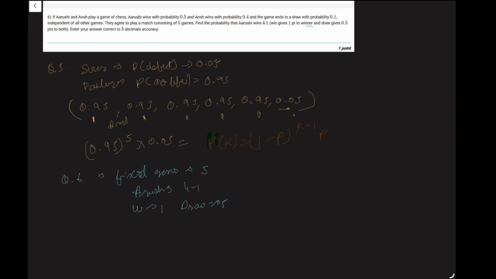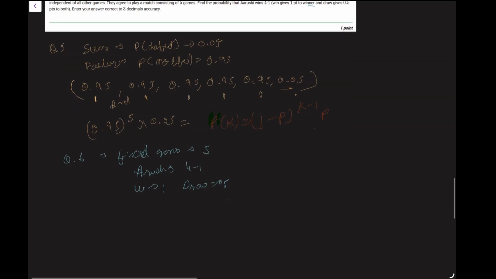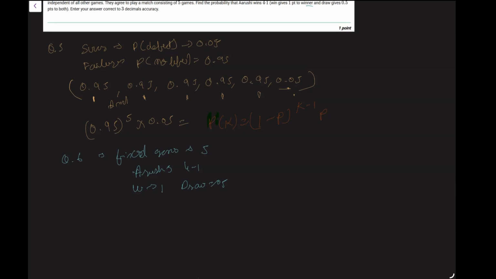How can Arushi get 4 points in 5 games and Ansh get 1 point? So Arushi needs to win 4 games. So that will give 4 times 1, which is 4 points. Ansh must win 1 game. 1 times 1 gives 1 point.